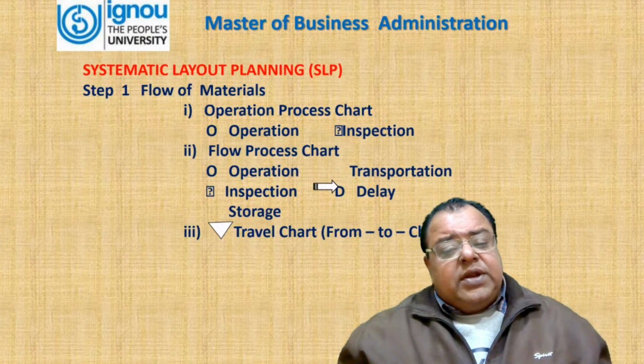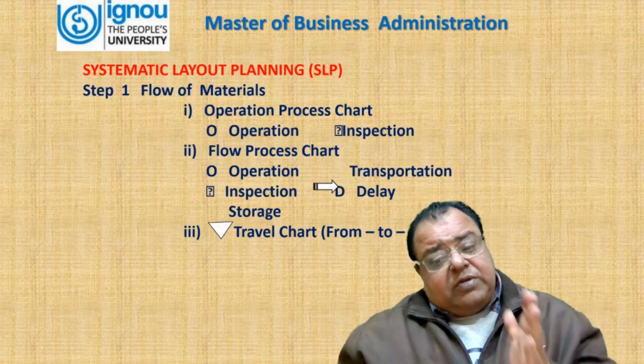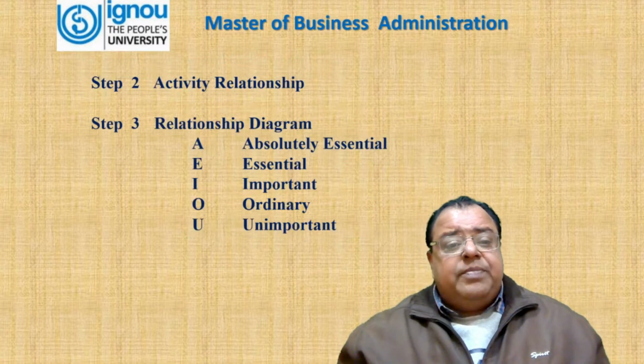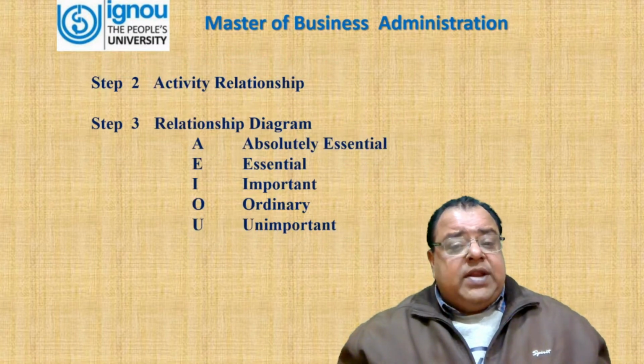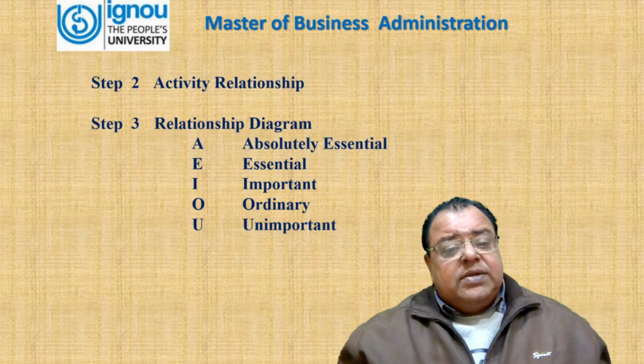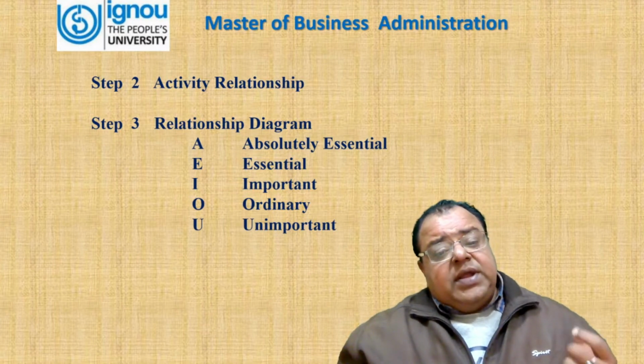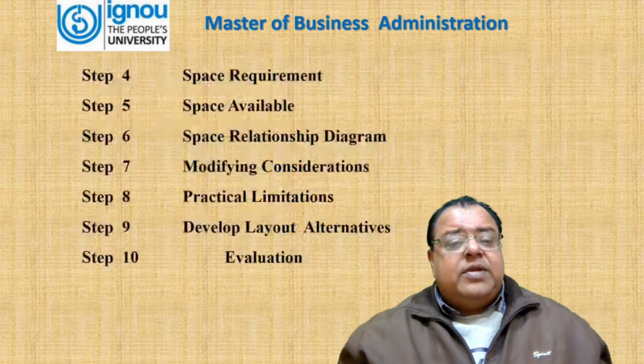Third part is the travel chart, from which part to the last part has to be included. Step 2 is activity relationship. Step 3 is the relationship diagram, which depicts five things: absolutely essential, essential, important, ordinary, and unimportant.